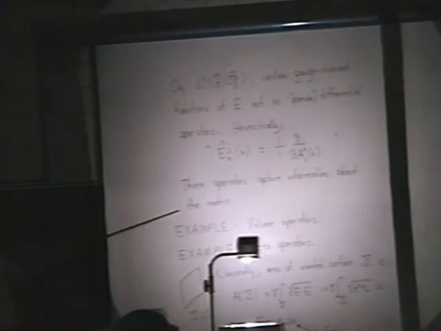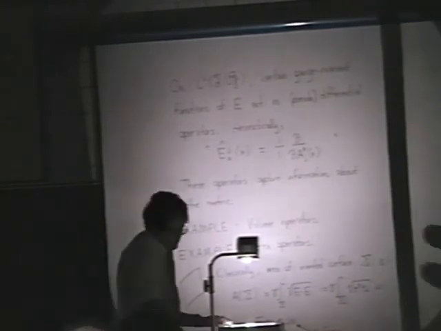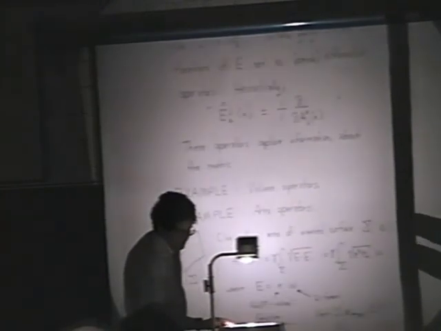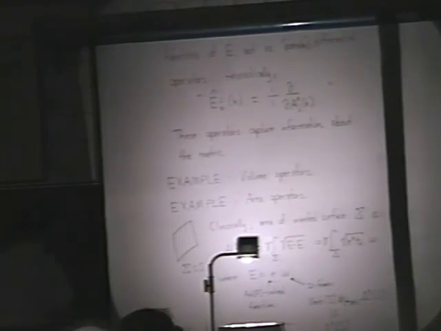And those operators are capturing information about the frame field. And if they're gauge invariant, that means they're capturing information about the metric, because the metric is what's left when you take the frame field E and mod out by gauge transformations. So there are various examples that have been worked out by Ashtekar, Lewandowski, and other collaborators.